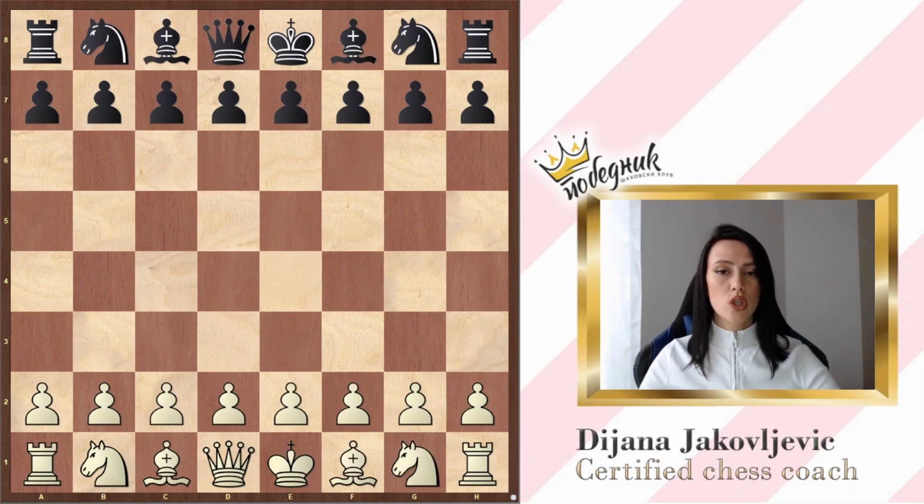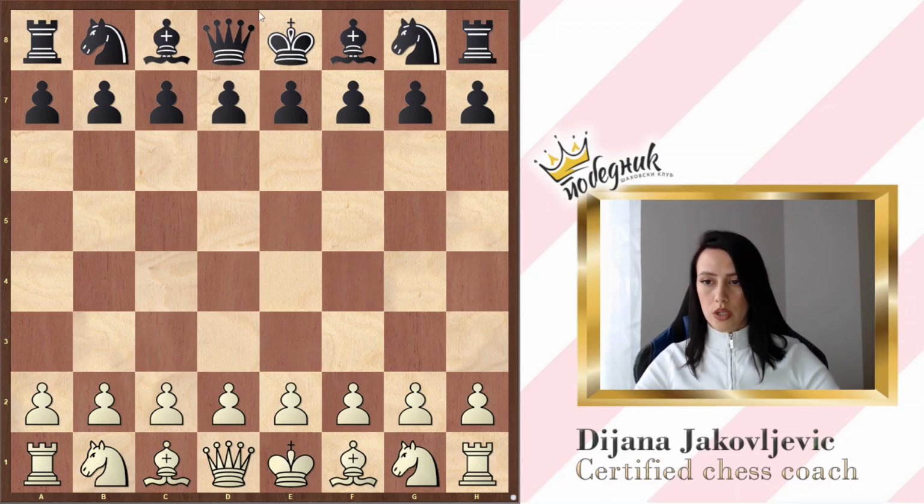The second section is called lines. So on our board, an imaginary line between the D file and the E file divides our board into two equal parts.